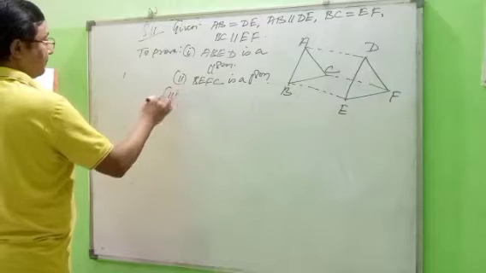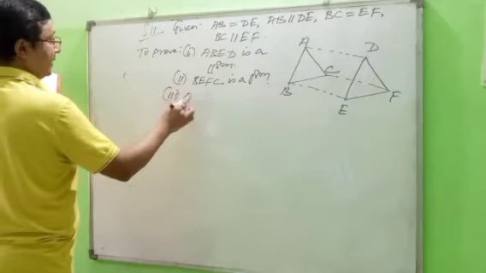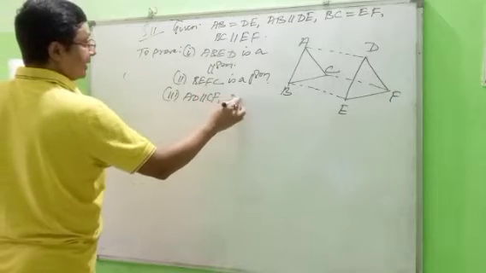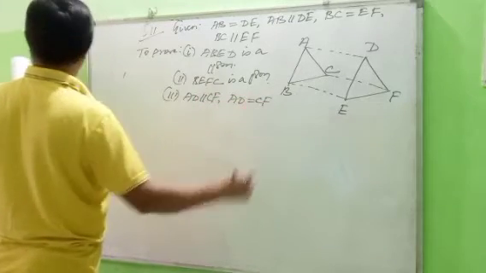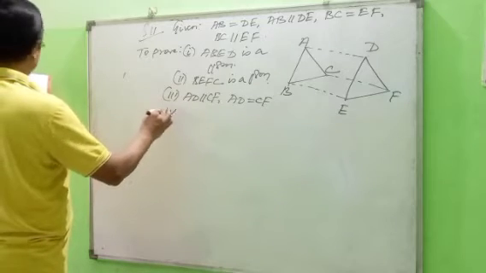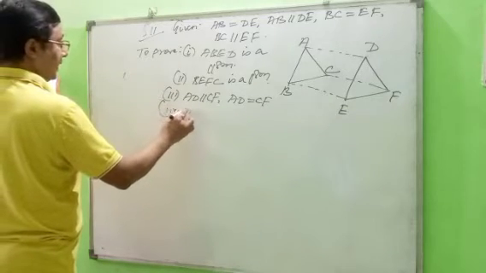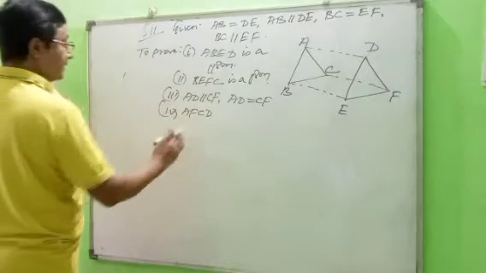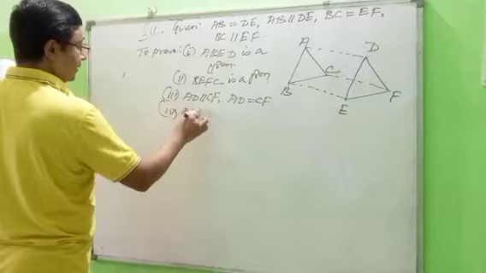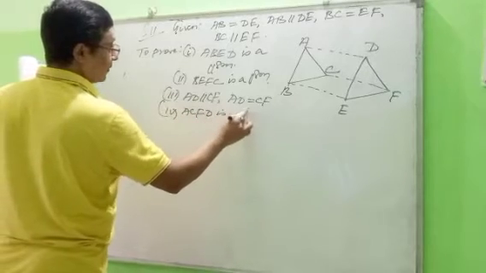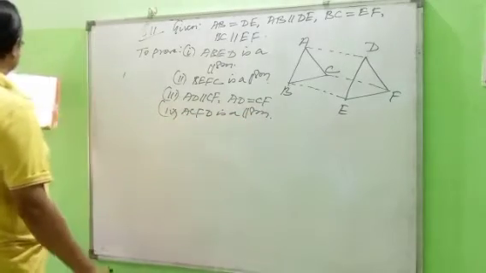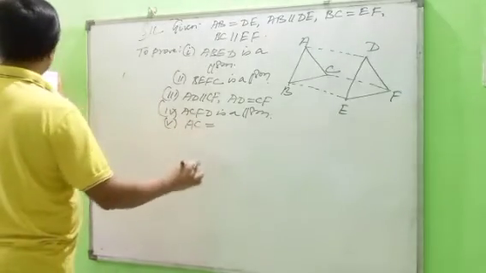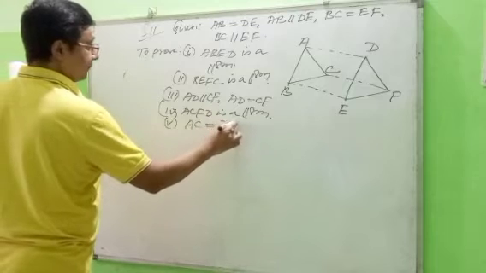Number 3, AD parallel to CF, then AD equals CF. Number 4, it is given that ACFD, sorry, is a parallelogram. Then number 5, AC equals DF.